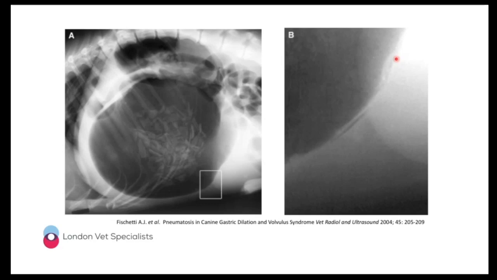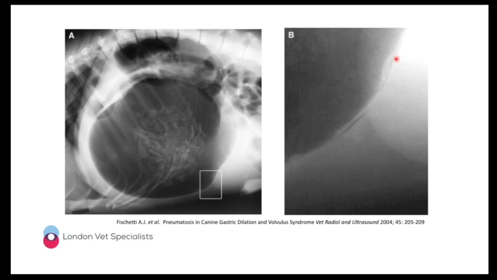So if you see evidence of gas permeating the gastric wall, a gastric pneumatosis, then chances are that patient has gastric necrosis as well as its twisted stomach, and has a poorer prognosis. So the presence of gastric pneumatosis is very specific for the presence of gastric necrosis, which is a negative prognostic indicator. So it's worth looking for that because it might aid you in deciding what to do next in terms of whether to take this patient to surgery or not.